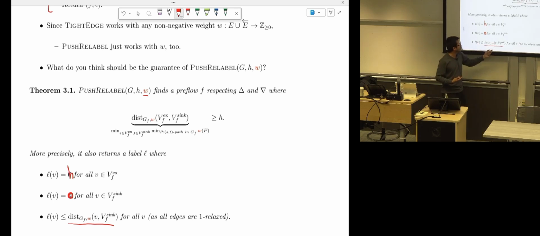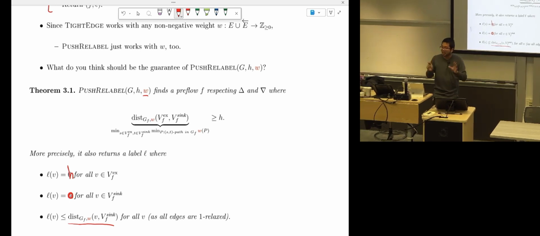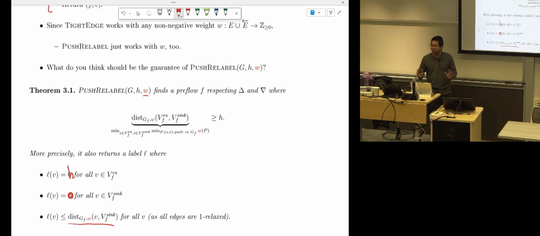It means that the distance from excess to sink is always at least h, but this distance is with respect to the weight w. So it's really natural, exactly the same proof.